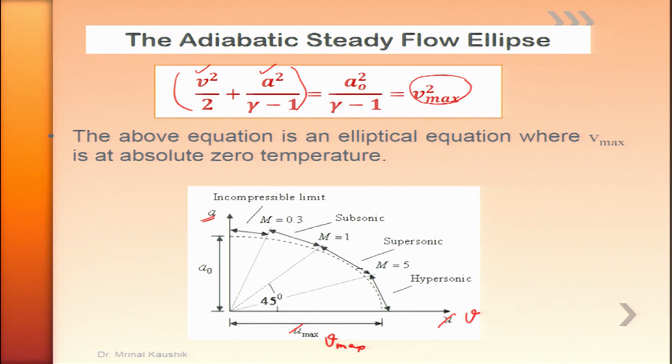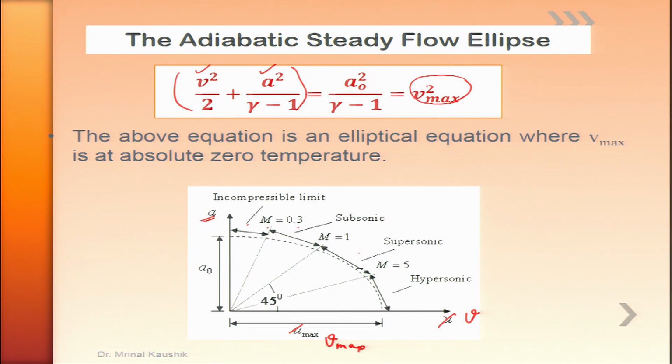Now, based on Mach number, we can divide this ellipse in the first quadrant with various dotted lines. This line segregates the various flow regimes.